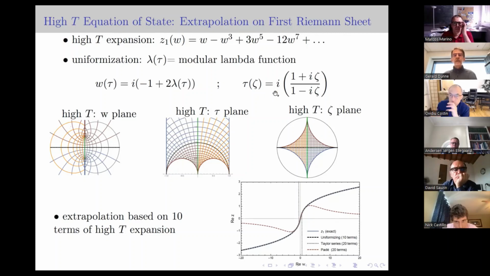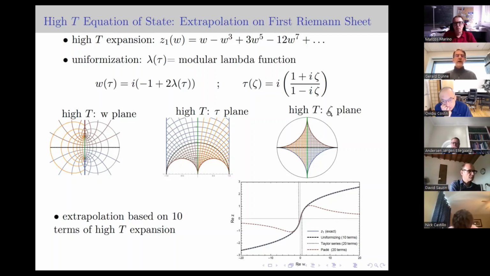I've forgotten what, Cayley transformation or something, which maps into this hyperbolic quadrilateral here. The color coding is such that gold maps to gold, blue maps to blue, etc. The boundary between the upper and lower parts of the complex W plane corresponds to this half circle here, and to this line in the zeta plane.